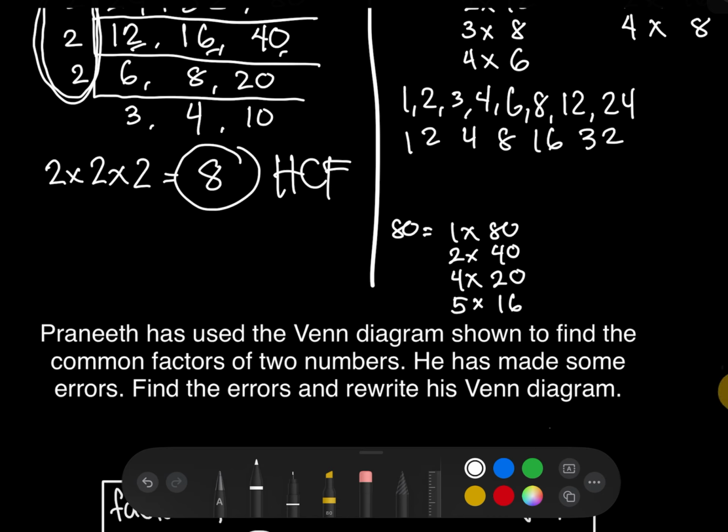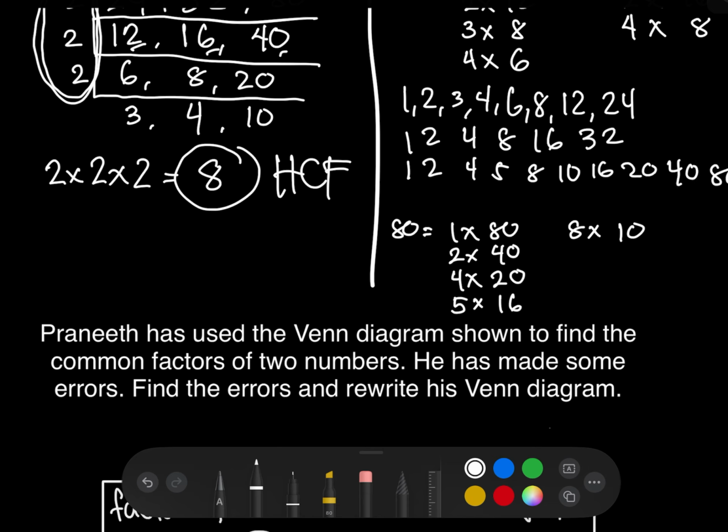And then 8 times 10. I think that's all. So the factors of 80 are 1, 2, 4, 5, 8, 10, 16, 20, 40, and 80.